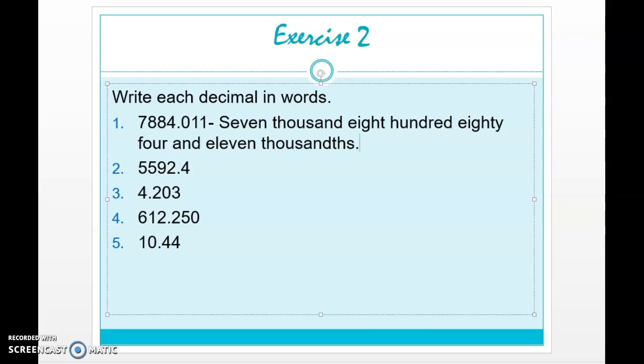In this lesson we've learned the place value of decimal numbers, and also we've learned the decimal places of decimal numbers, whereby we say a decimal number with 1 decimal place is tenths, a decimal number with 2 decimal places is hundredths, a decimal number with 3 decimal places is thousandths, and going forward, a decimal number with 4 decimal places is called ten-thousandths.